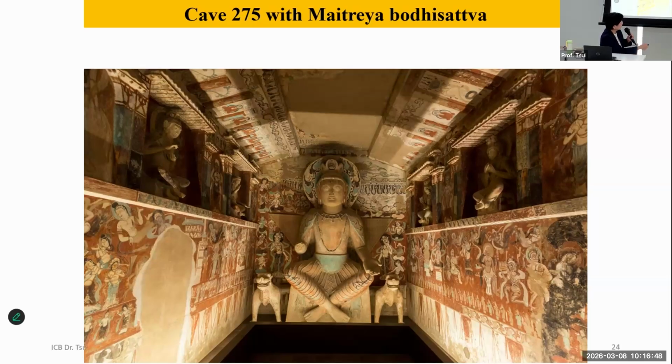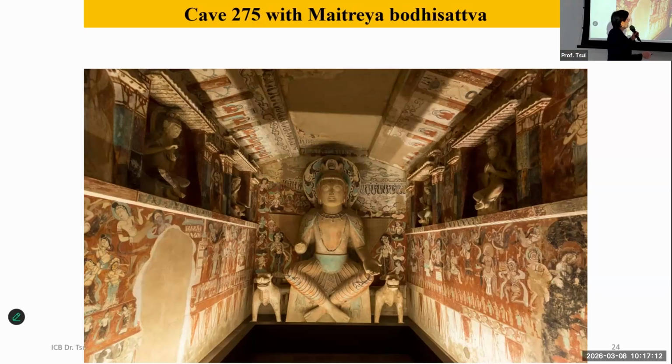The Maitreya Bodhisattva is on the west wall, and on the south wall, we have the mural painting. In the upper level, we also have the design of Bodhisattva Maitreya in Tushita heaven. On the north wall, we also have a similar pattern of design.